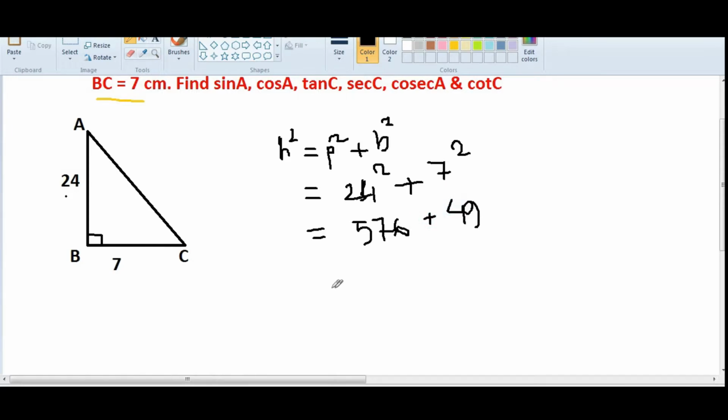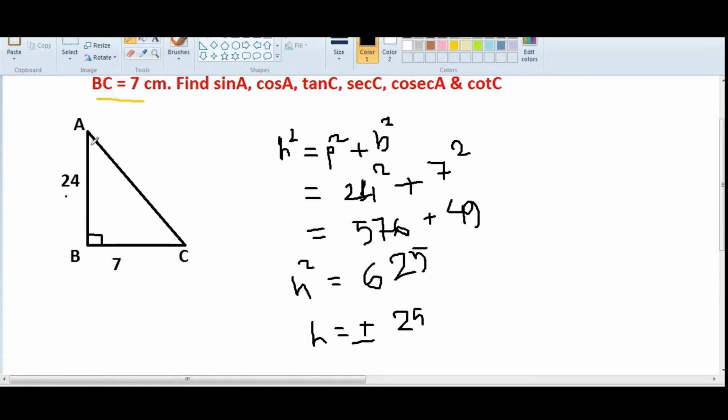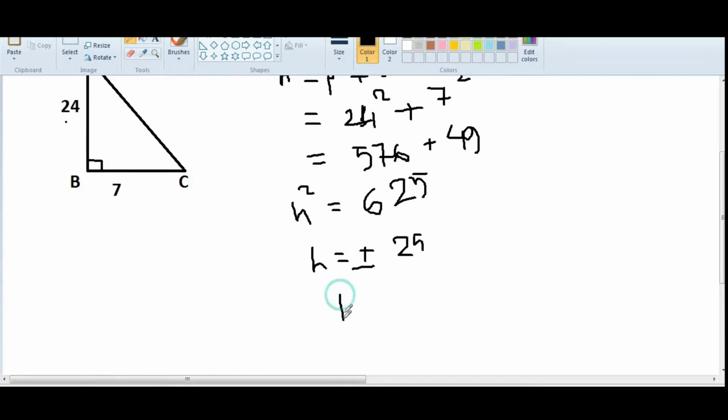So the summation will be 625. So that is the h square, but we need the value of h, so we'll square root both sides, so we will get plus minus 25. But since length can't be negative, the length of a triangle can't be negative, so h will be equals to 25.